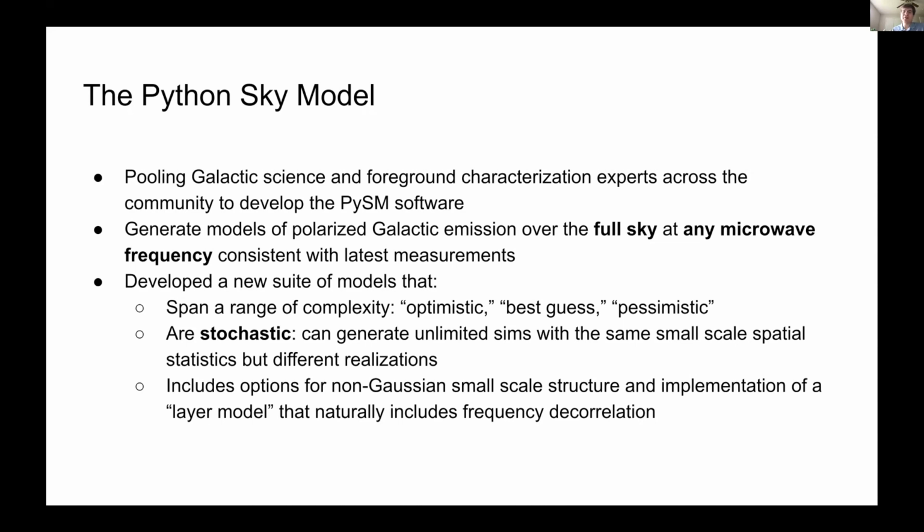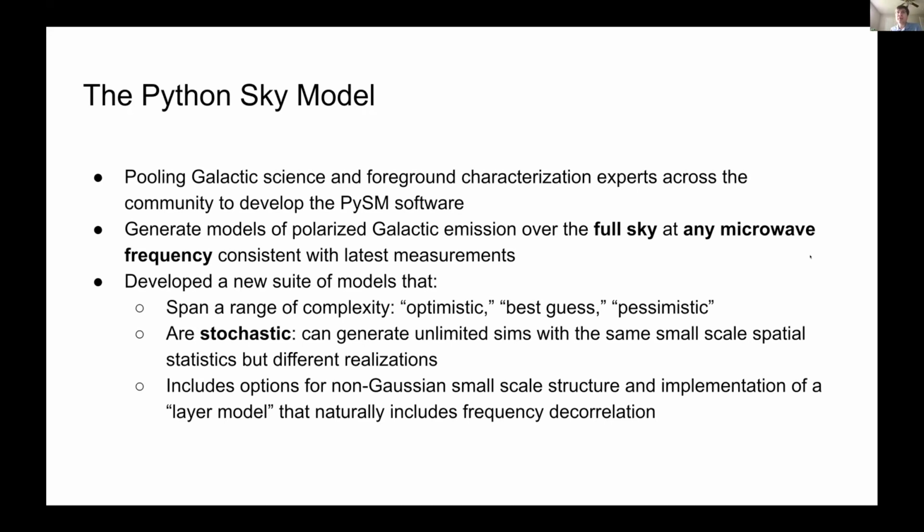And so that allows you to do statistical analyses, wrap this up in maybe in CMC, for instance, to see how foreground uncertainties propagate into your final answer. So we have these new stochastic models, and then there's also the MKD layer model has also now been implemented into PySM that introduces line of sight frequency decorrelation.